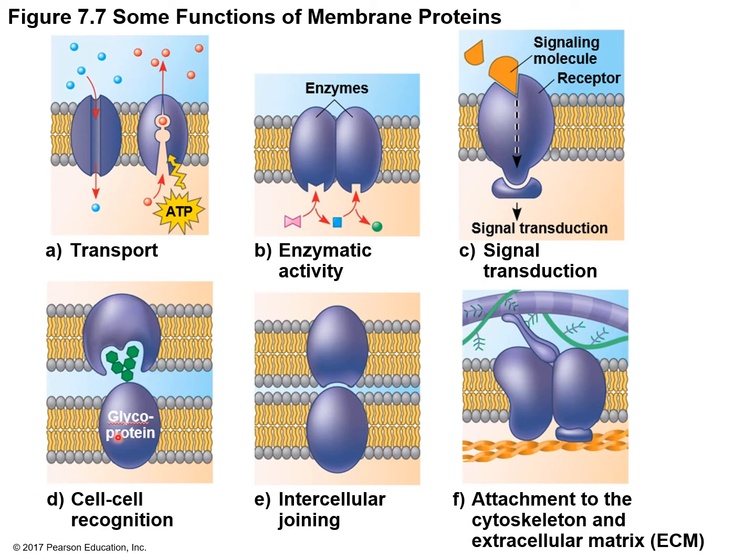Cell-to-cell recognition, so we'll know what each other are. Intercellular joining, so that the cells connect to each other. And then attachment to the cytoplasm or the extracellular matrix. So here is, looks like actin and myosin right here, and they're connecting together. And then you have a microfilament down here that's connecting. So we have proteins that help with that as well.